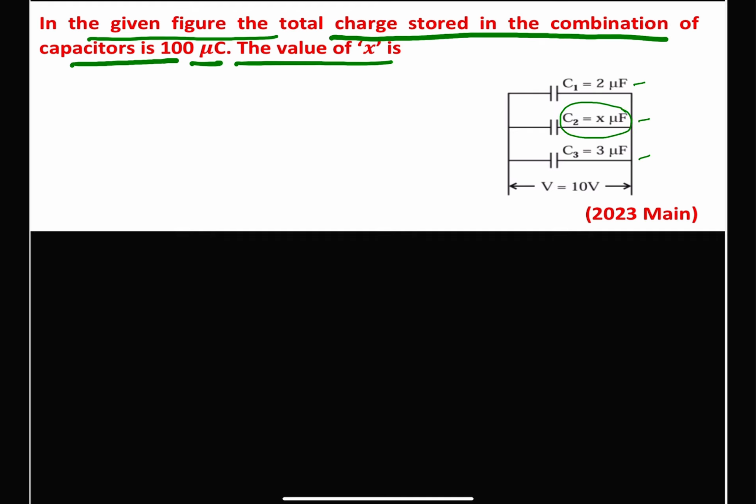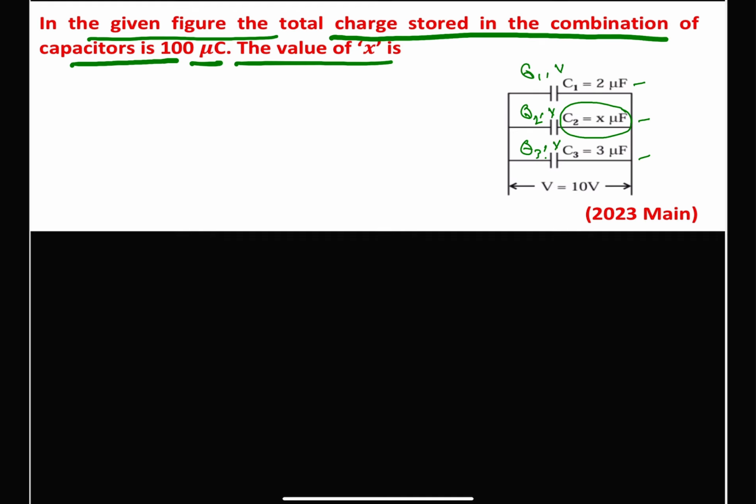So let us assume that the charge on C1 is Q1, charge on C2 is Q2, charge on C3 is Q3, and all these 3 are connected in parallel. So each capacitor is going to have the same voltage, that is V, which is our supplied voltage, 10 volt.